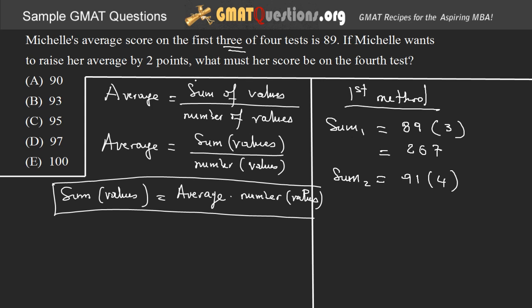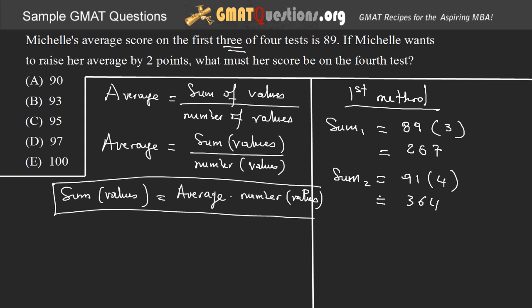Now, in order to know what her score must be on the fourth test, very simple. All we have to do is take the difference between sum 1 and sum 2. As you can see, sum 2 is going to be bigger than sum 1. Let me write it down. Sum 2 is 91 times 4, which I believe is 364. So 364 is bigger than 267, and the difference is going to give you her score on the fourth test.